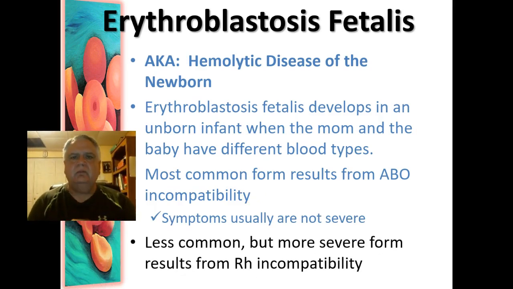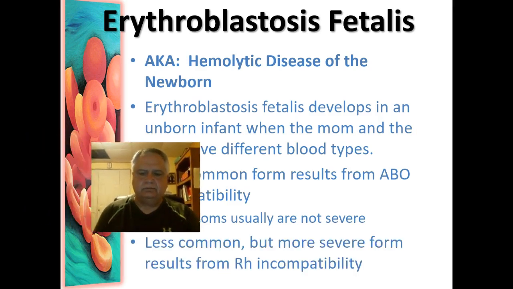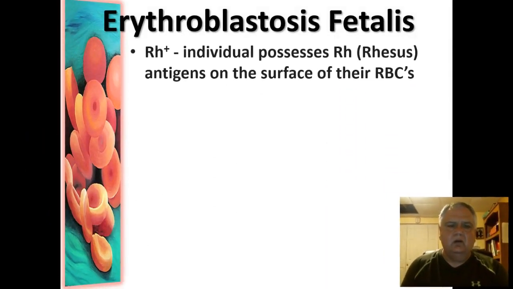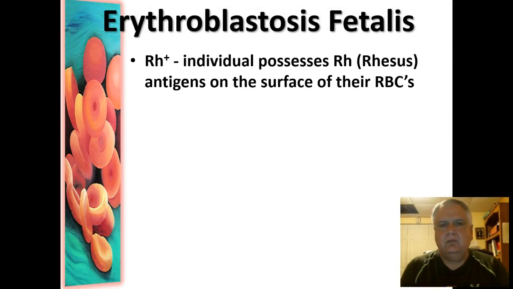Less common, but more severe erythroblastosis fetalis occurs when there is an Rh incompatibility. And that gets us into the positive and negative. So, what does the positive and negative stand for?